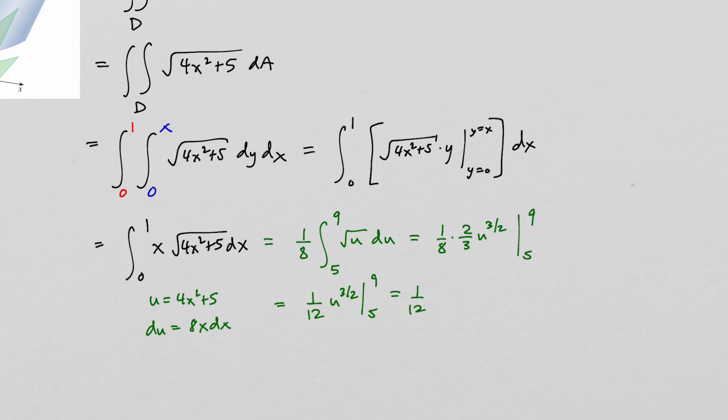And this is 1/12 times 9 to the 3/2 minus 5 to the 3/2. 9 to the 3/2 is 27, so this is 1/12 times 27 minus, and then 5 to the 3/2 is just 5 radical 5. So we can write this as 27 minus 5 radical 5 all over 12.